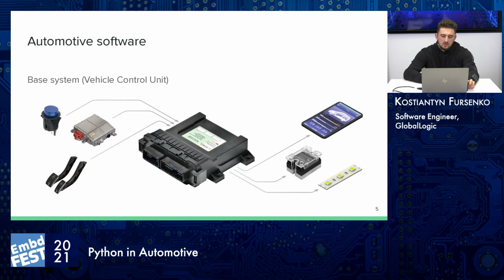Okay, and next one is the base system or vehicle control unit. It's just a big ECU, which does a lot of functions. It acts like a gateway computer in a car and controls all other ECUs. Note that on the previous slide, ECUs were pretty independent of each other and had to be configured separately.